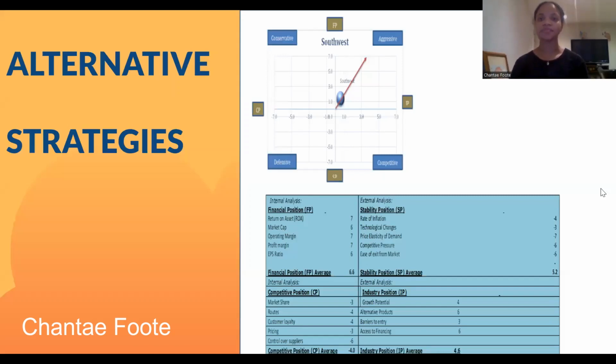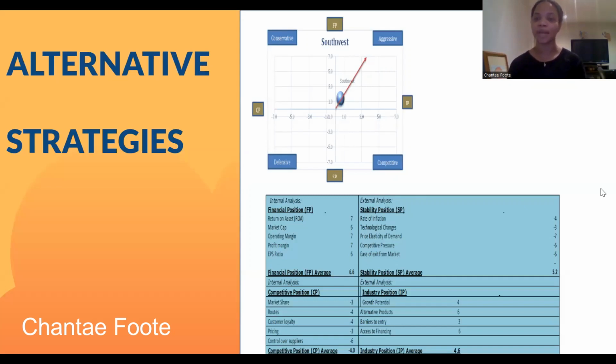Alternative strategies. To identify plausible strategies for Southwest, we conducted an internal and external analysis using the SPACE matrix. This revealed that Southwest has an excellent industry position. This means that Southwest can use its core competencies to overcome its weaknesses, evade threats, and exploit opportunities provided in its market.